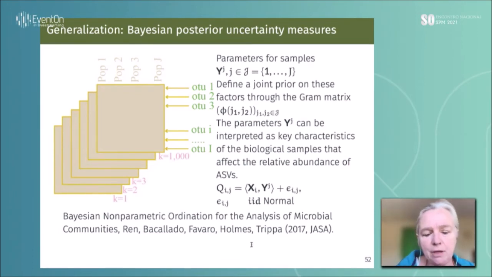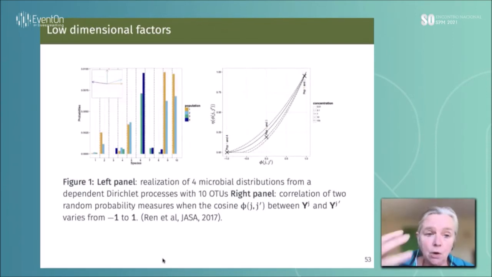So this method and this way of thinking was published in the Journal of the American Statistical Association in 2017, and I did this work with Sergio Bacallado, who was a postdoc at the time, and Lorenzo Trippa and Bo Yu Ren.